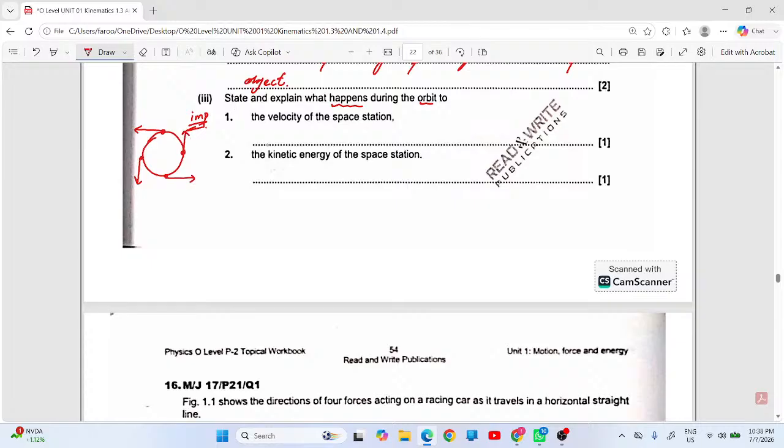Speed remains constant but velocity changes continuously due to change in direction. Although the magnitude is constant, the direction is continuously changing.